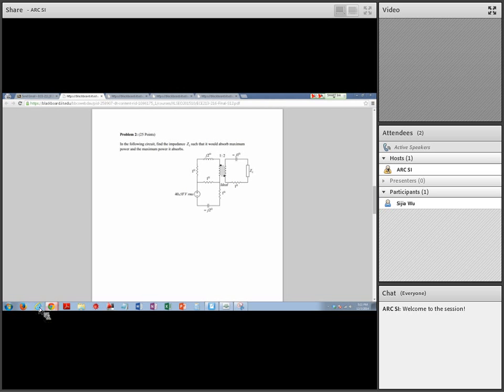So 6 equations, 6 unknowns. You have to solve them to find VOC.